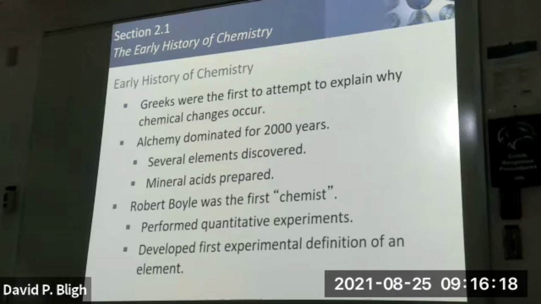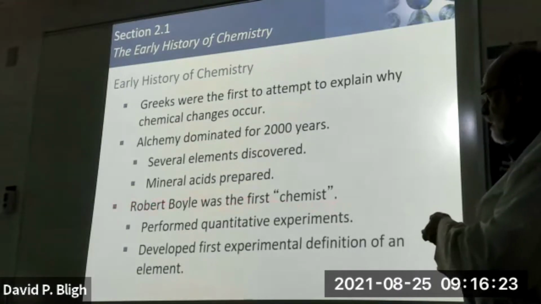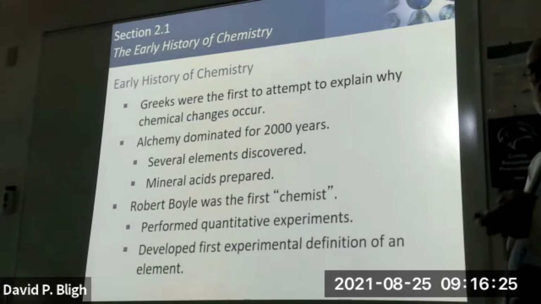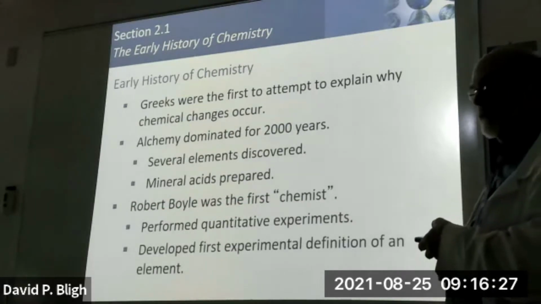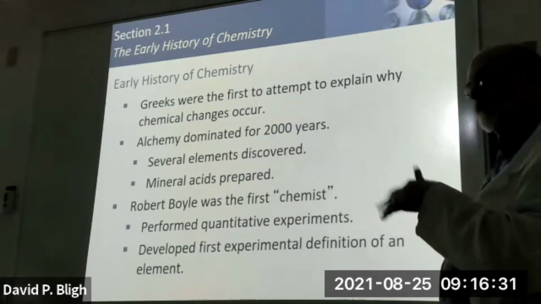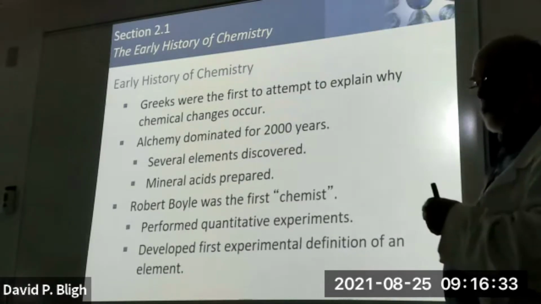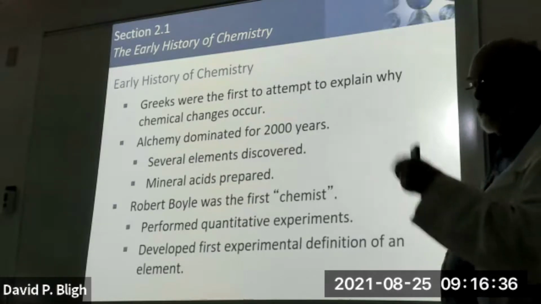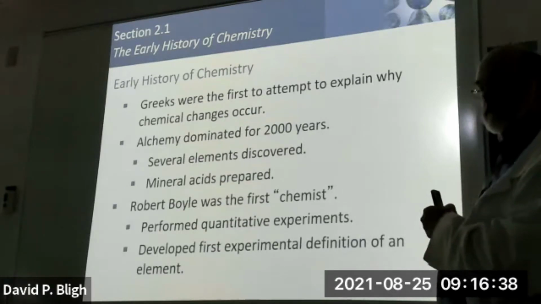And the first modern chemist, we believe, we attribute to Robert Boyle. Right? You'll get a taste of Boyle when we start talking about gases. The first law we're going to investigate is Boyle's law, the relationship between pressure and volume. In fact, you've already been introduced to it if you've looked at the graphing lab.